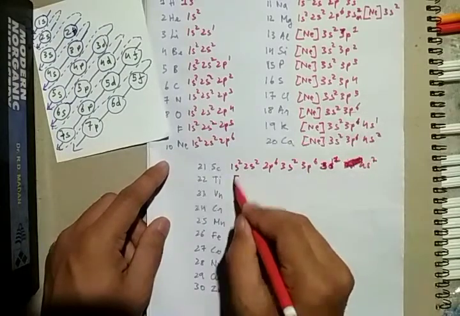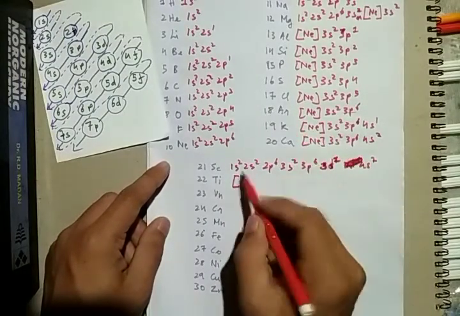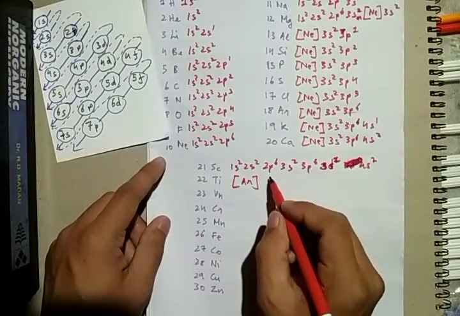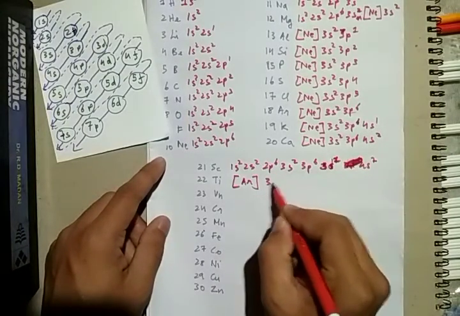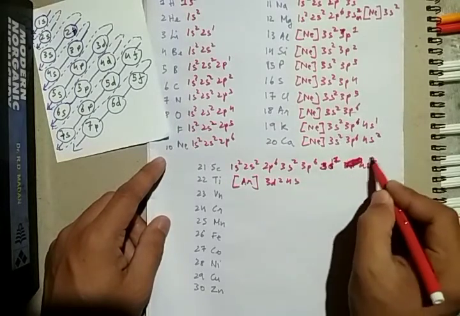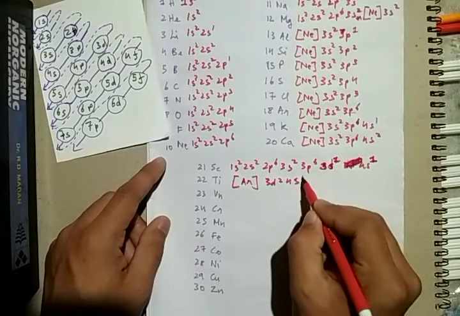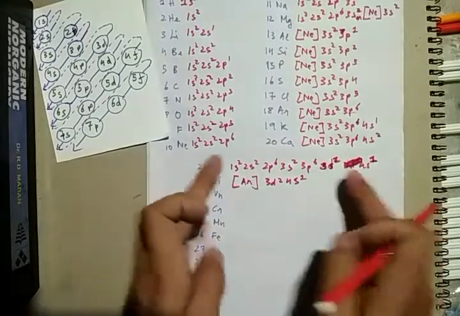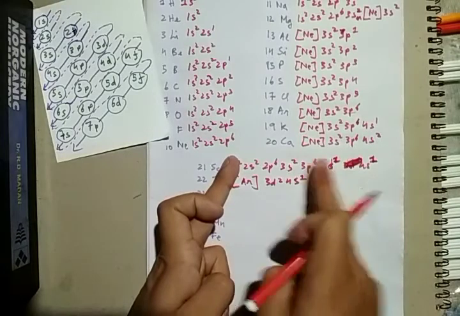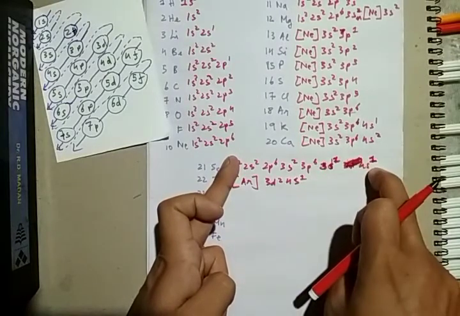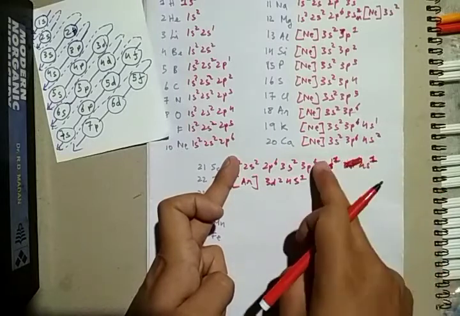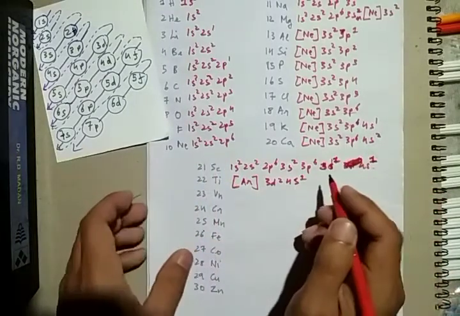This can be written in short form: Ar 18. After that, 3d2 4s1. Okay, we write the 18 and then the outermost valence electrons afterwards.